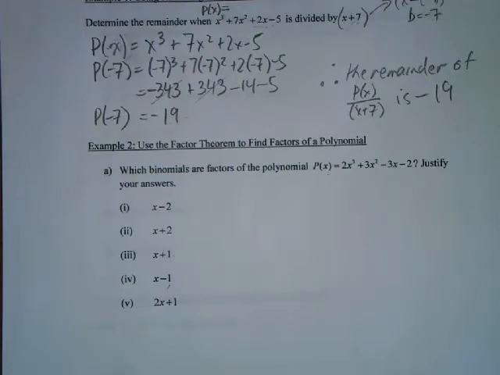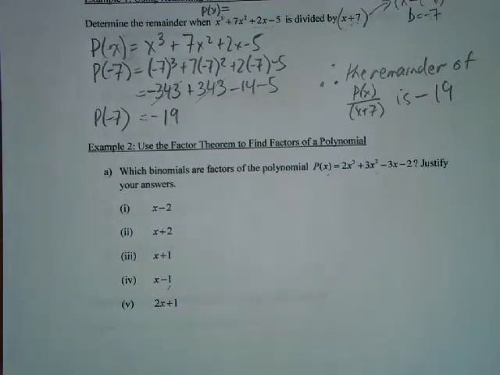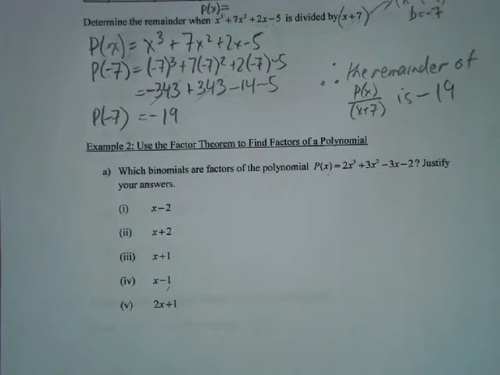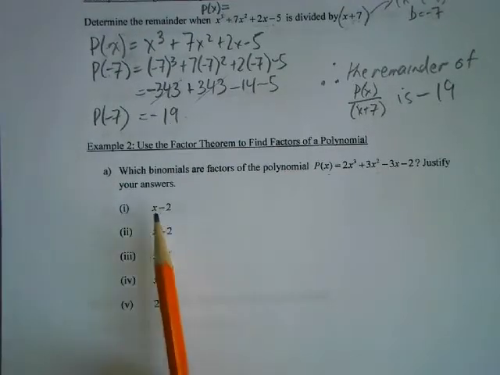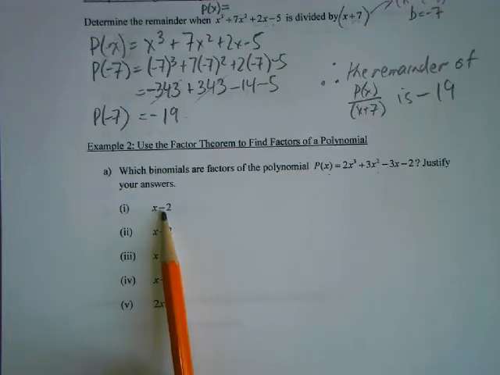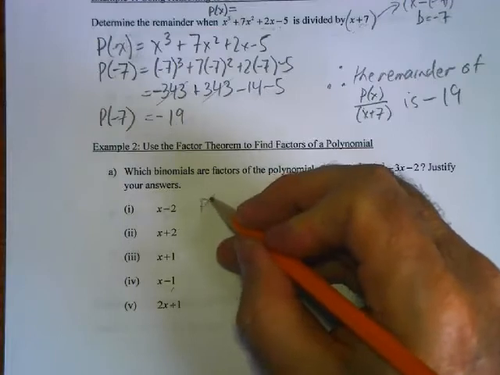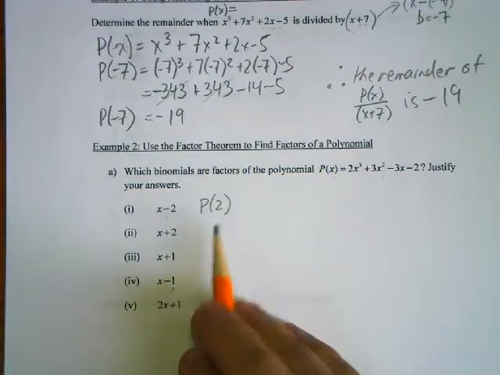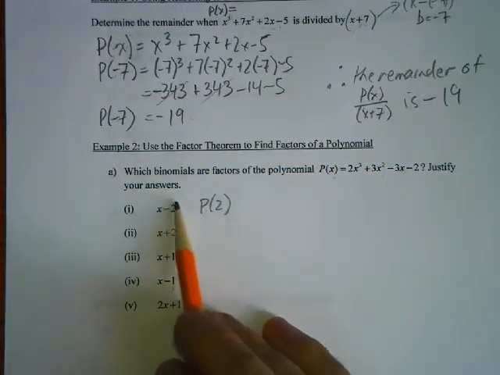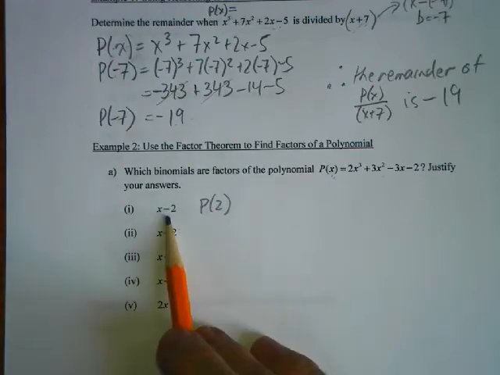The way we do that is we use the strength of the remainder theorem. So if I want to know if this is a factor, I'm going to test for p of 2, and that's going to give me the remainder when p of x is divided by x minus 2.